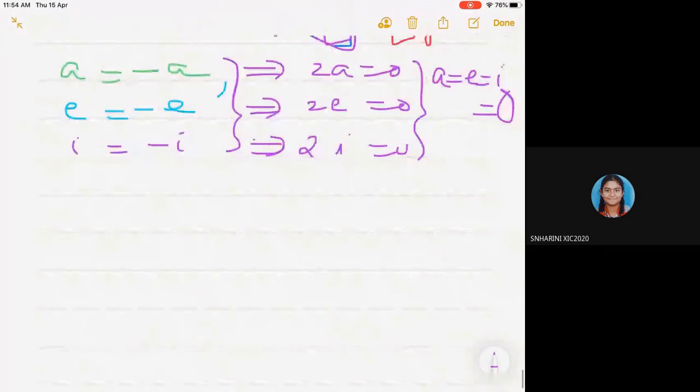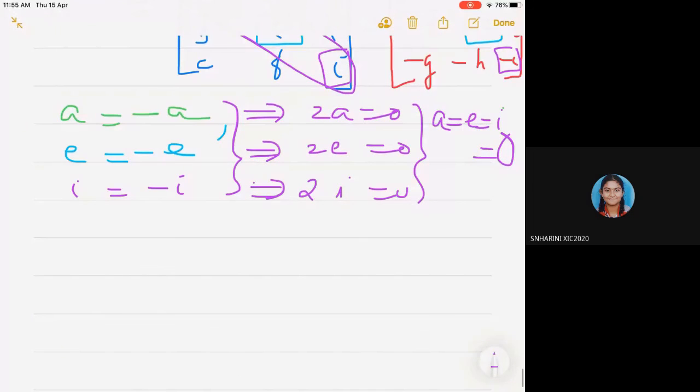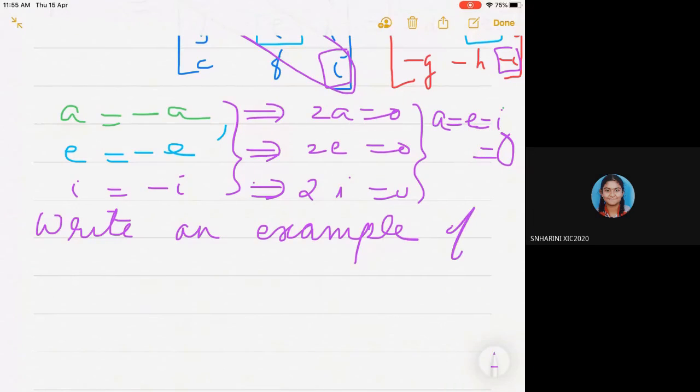Okay. Now write one more example of a skew symmetric matrix.